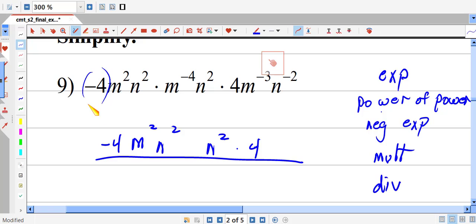Now note the coefficient is independent of all the variables unless you have parentheses around it, which we don't. So here I'm going to get m to the positive 4, and then m to the positive 3, and then n squared. So those are my negative exponents.